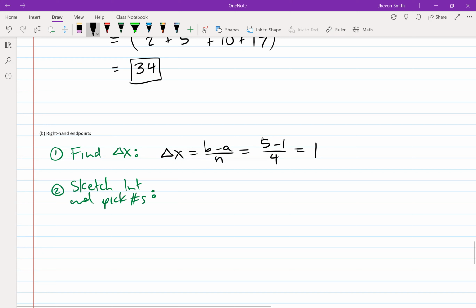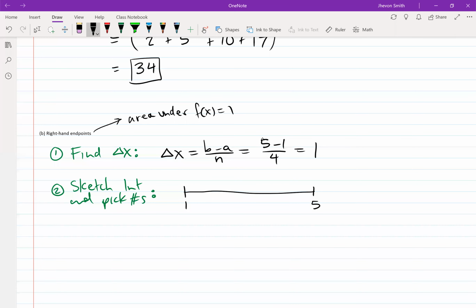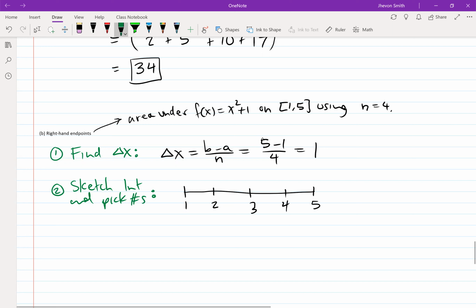So the interval that we care about here is 1 to 5. Again, that's the problem. We want the area under f of x equals x squared plus 1 on 1 to 5 using n equals 4. Which means I'm going to cut this interval up into 4 equal pieces. I start at the first endpoint and keep adding delta x, so this will give me 2, 3, 4.